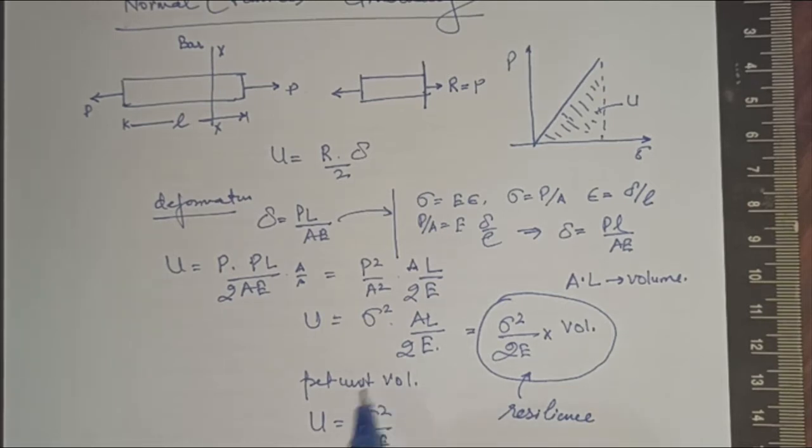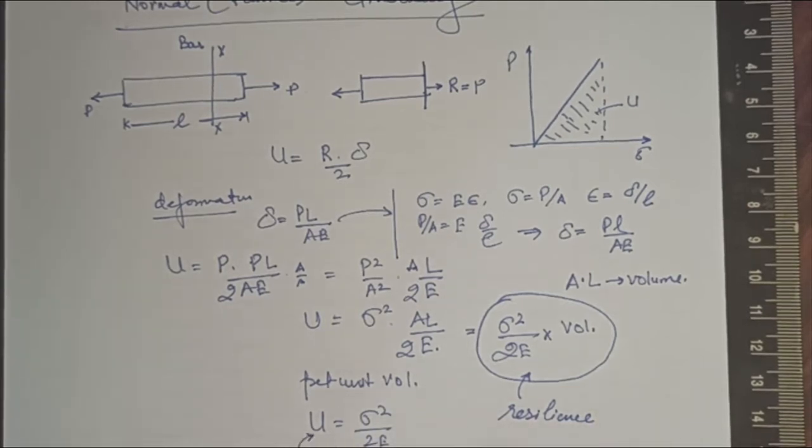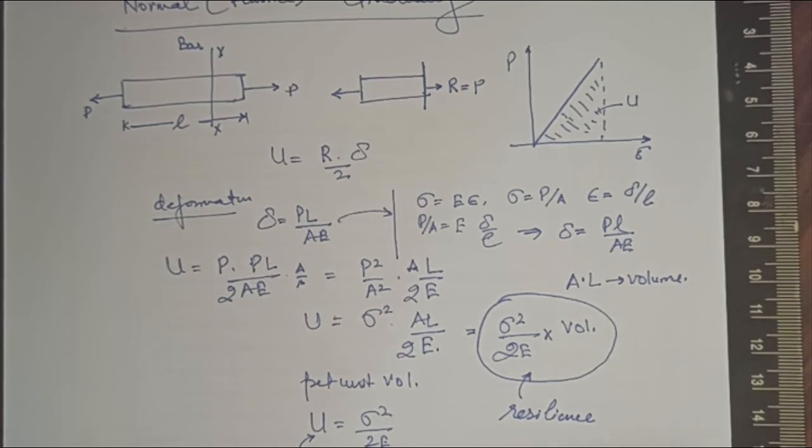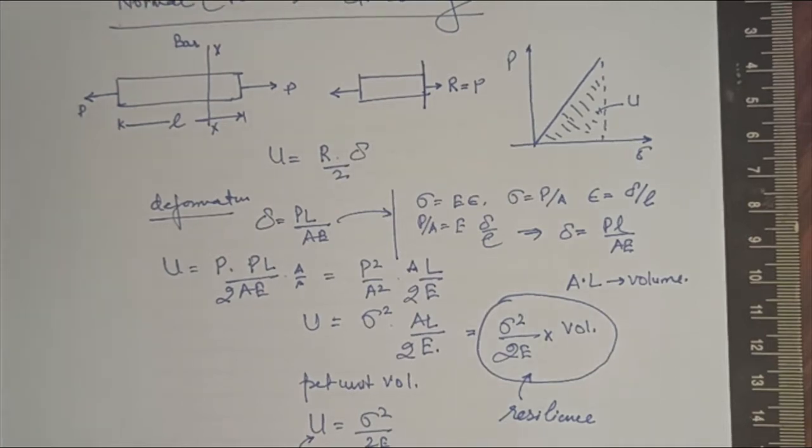Since it is per unit volume, this is not exactly strain energy, it is strain energy density: sigma square upon 2E. This is strain energy density.